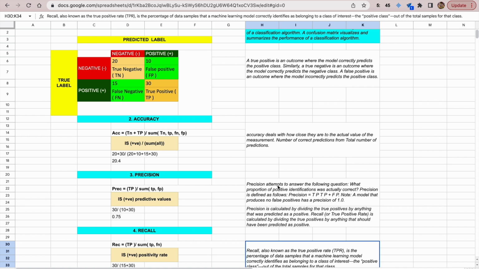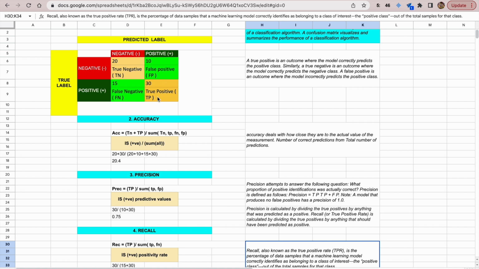You can also remember these values using the pregnancy example, which is very famous, and you can find that image online as well. You can remember the accuracy formula easily as the sum of the true values divided by the sum of all.